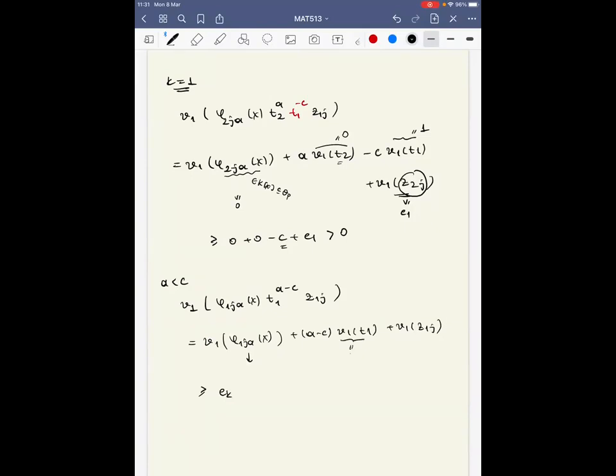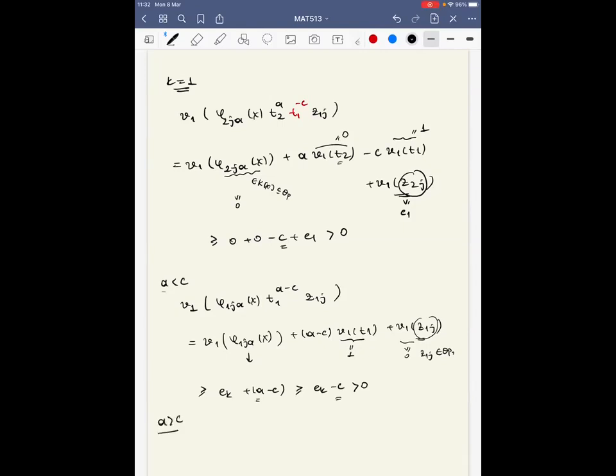And this is the prime element, so this is 1. We have A minus C. And by the assumption, since we have chosen this Z1j from OP1, this valuation is also bigger than 0. Since a is a positive integer, we can see that this is bigger than or equal to ek minus c, and this is also positive.